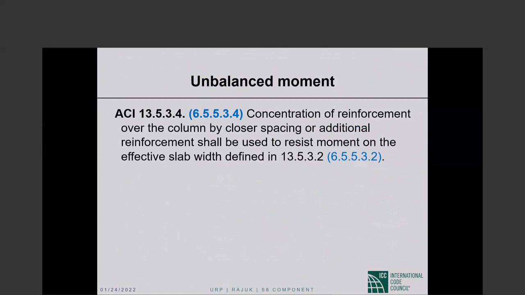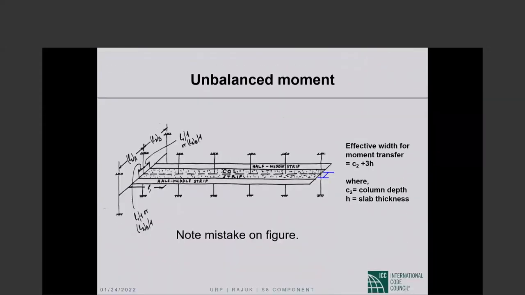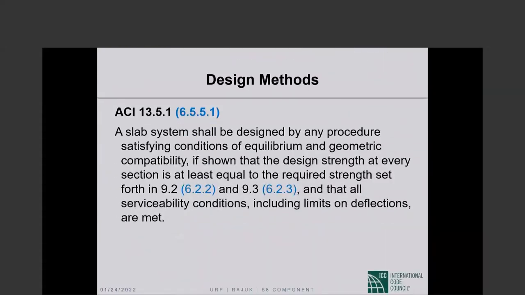So concentration of reinforcement over the column by closer spacing or additional reinforcement shall be used to resist moment on effective slab width. So to take the moment transfer moment within that narrow band may require closer spacing of slab top reinforcement or additional bars, as you will see when I show you an example.